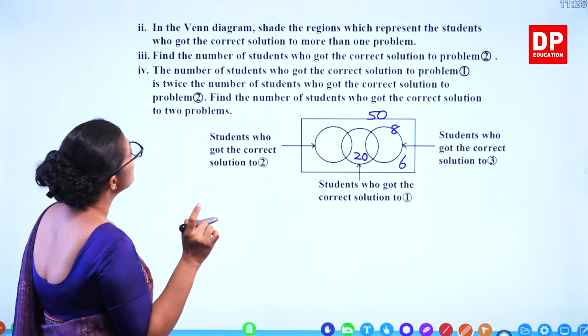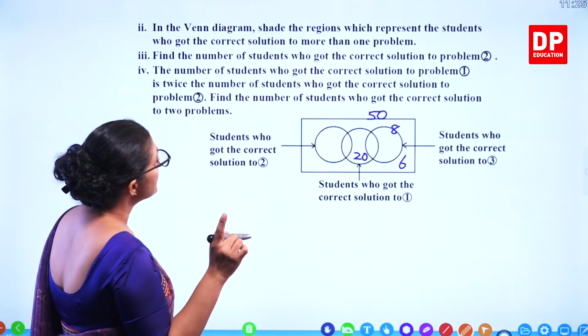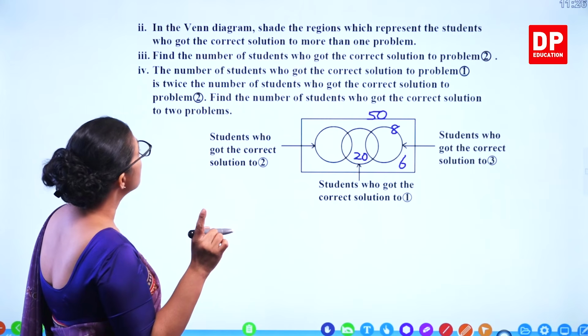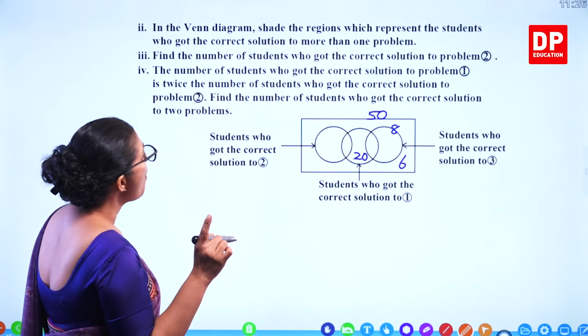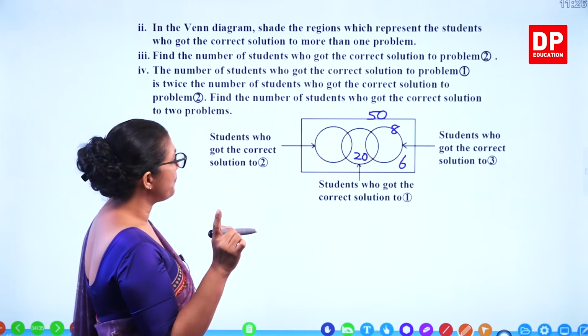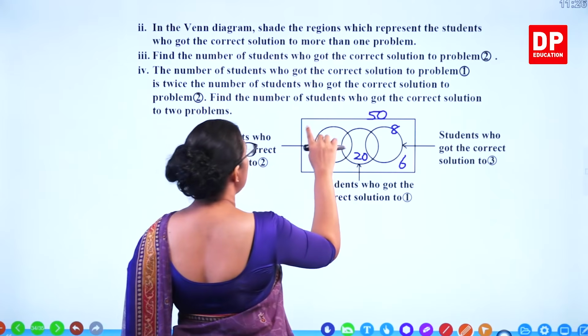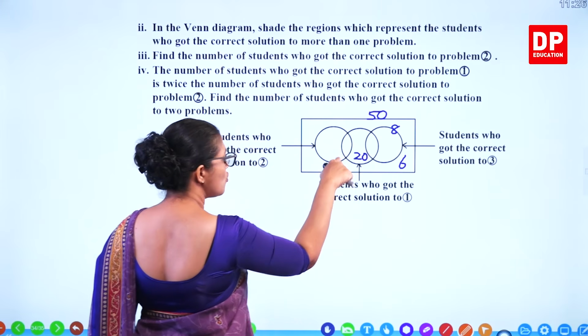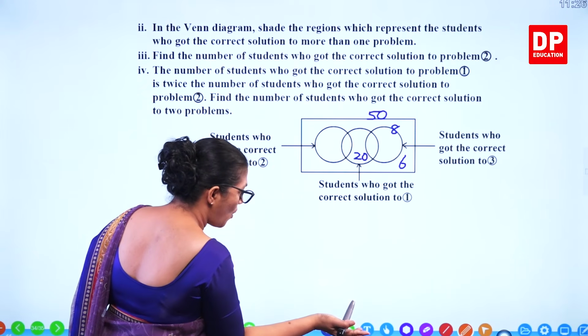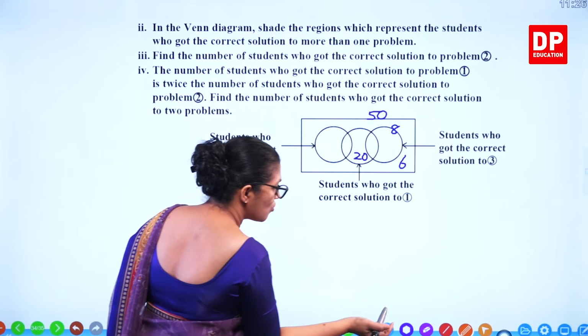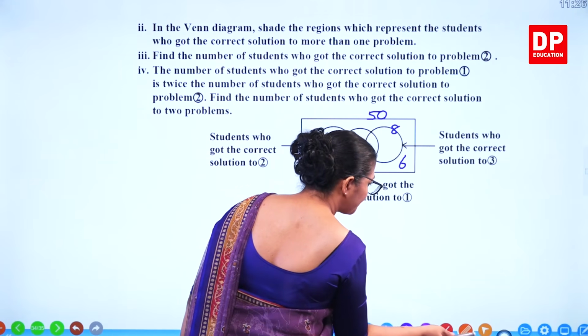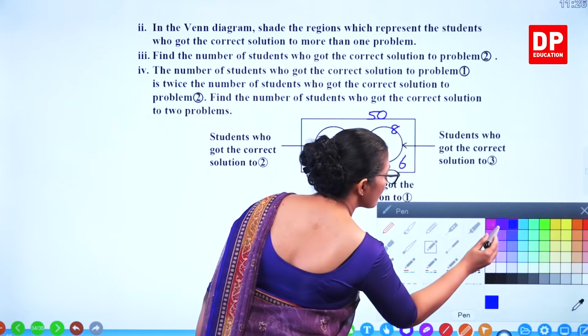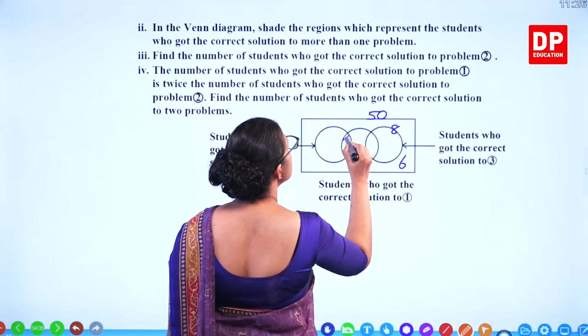In the Venn diagram, shade the regions which represent the students who got the correct solution to more than one problem. So here this question and this question, so it's more than one, two correct. So I can shade it, this part. So that's this one.